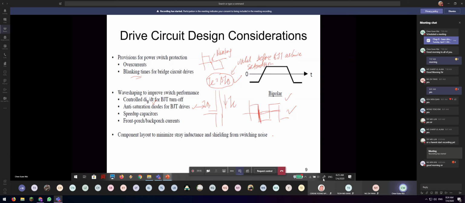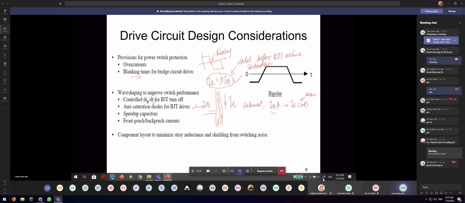Before the BJT becomes saturated, this formula is valid for calculation. But when it becomes saturated, the channel is already full. Saturated means that if you increase IB, IC remains the same value and does not change.